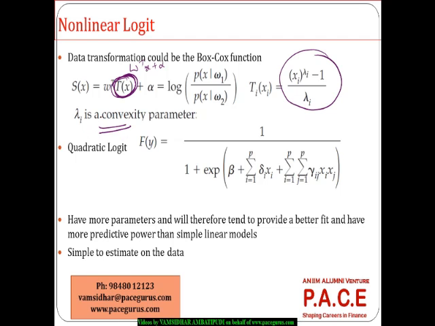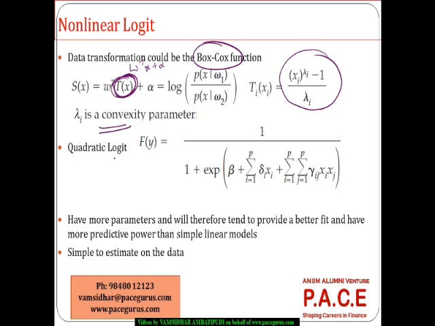It could be 2, 1.5, 1.8, 2.5, whatever it is. Based on this, we arrive at different kinds of transformations, and that is what we call the Box-Cox function.